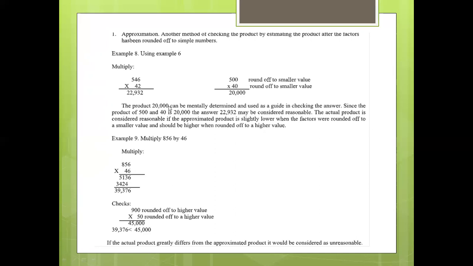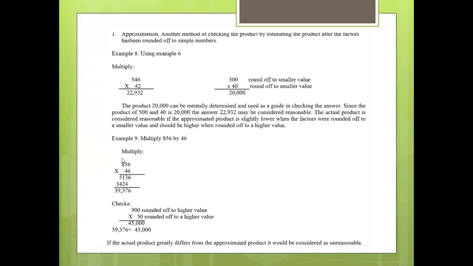The product 20,000 can be mentally determined and used as a guide in checking the answer. Since the product of 540 is 20,000, the answer 22,932 may be considered reasonable. The actual product is considered reasonable if the approximated product is slightly lower when the factors were rounded off to a smaller value, and should be higher when rounded off to a higher value.